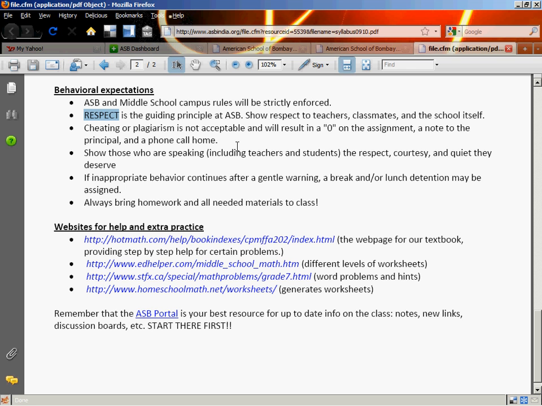Obviously, cheating or plagiarizing, copying somebody else's work without having it part of the assignment, will result in a 0, a note to Mr. Hoover, and a phone call home. You should do your own work. As people are very fond of saying, you're not cheating anybody but yourself. If you're not doing the assignments, you are not learning, and that will come back to bite you.